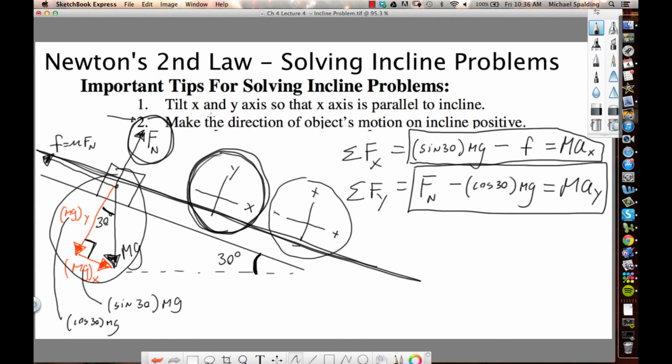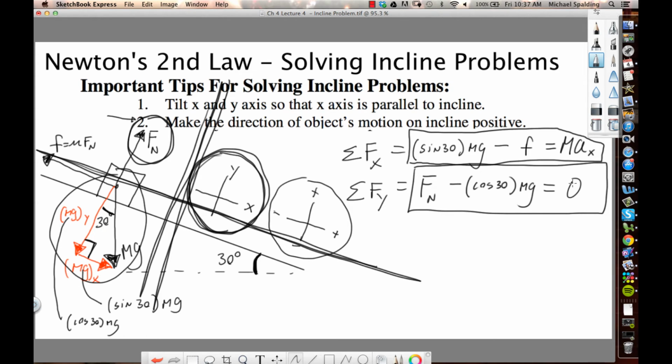X. Meaning, what's the y acceleration? 0. So y acceleration, get out of here. Here's 0. That's why we tilted the xy. Now you have 2 equations that'll solve the problem. That's how you do inclines.